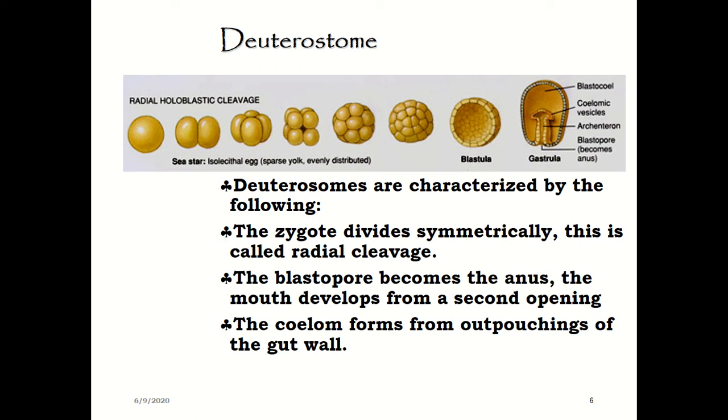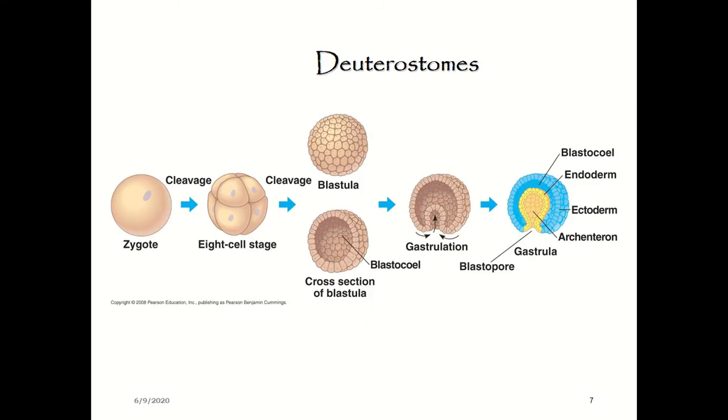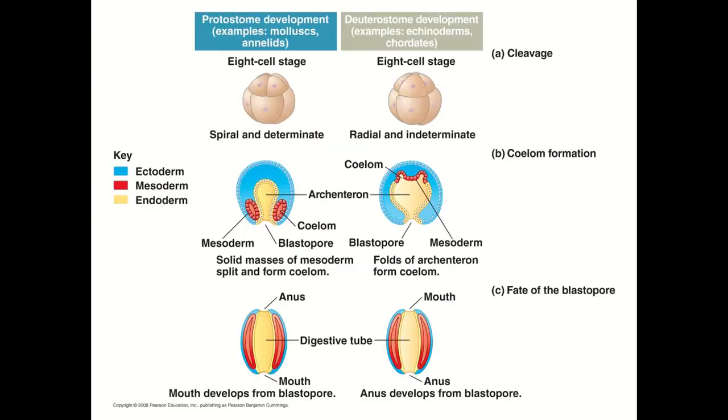The blastopore will become the anus, different from protostomes where the blastopore becomes the mouth. In deuterostomes, the mouth will develop from the second opening. The coelom forms from outpouchings of the gut wall. As you can see here, the first blastopore will form the anus, not the mouth.